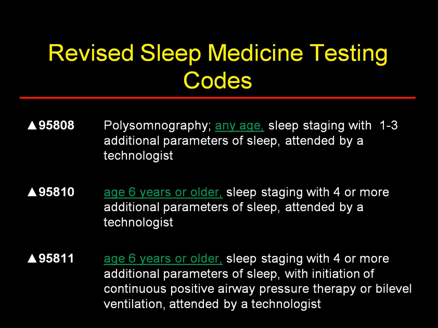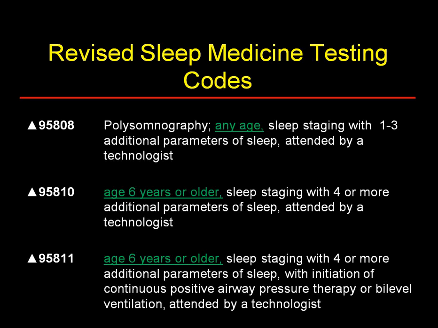This 6-year cutoff for the pediatric sleep studies required changes in the age requirements for the adult studies. So all of the adult in-lab studies now specify age 6 years or older.